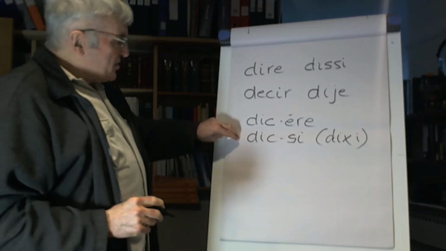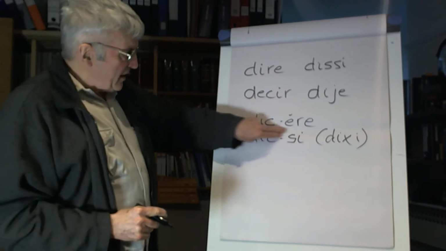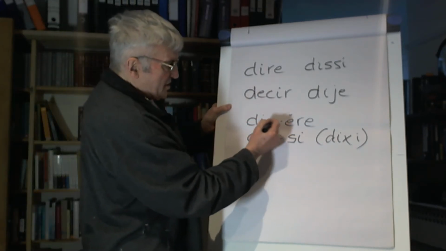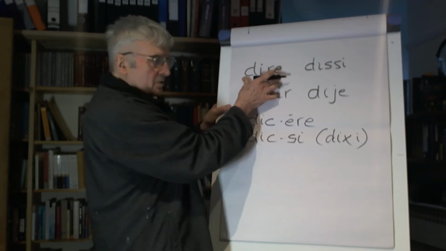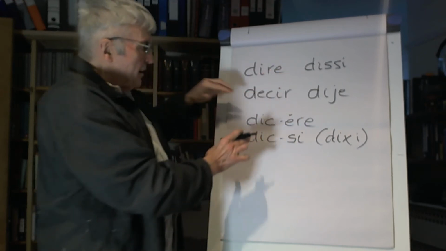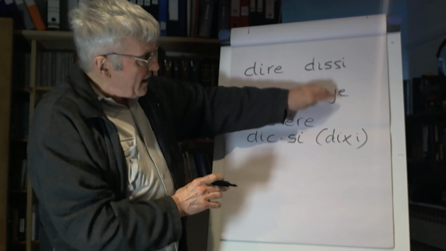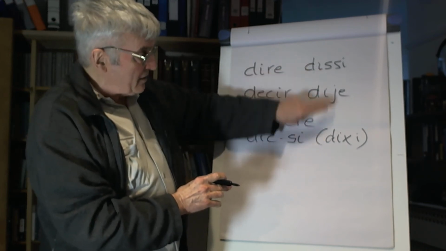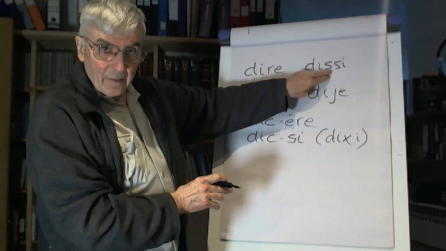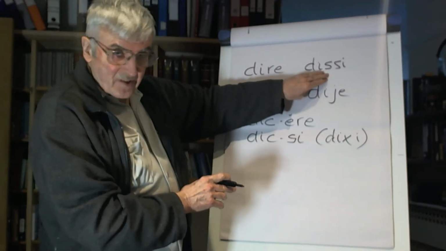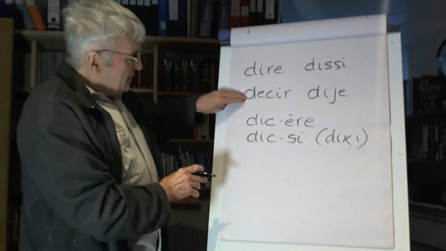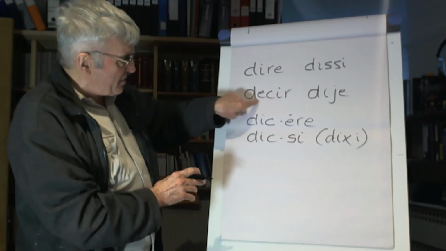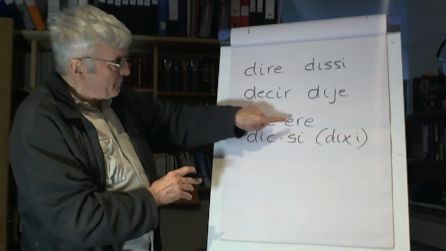Now, in Italian, dicere, the CE in the middle has just been shortened to dire, and the dixi, by standard phonetic mutation between Latin and Italian, the x sound has become a double S, so dixi has become dissi. In Spanish, all that's happened is that the two vowels have switched around, decir instead of dicer.